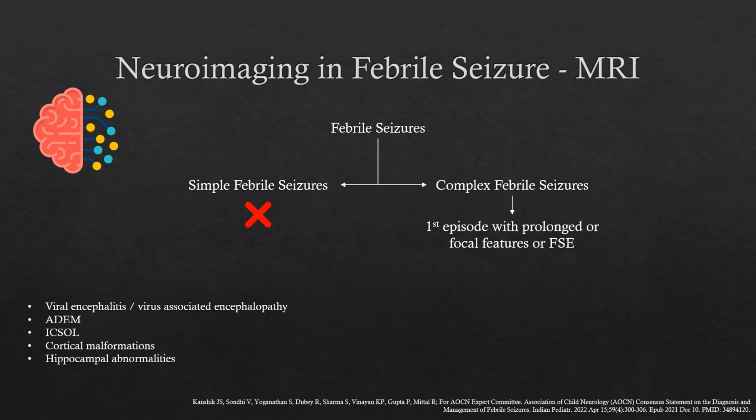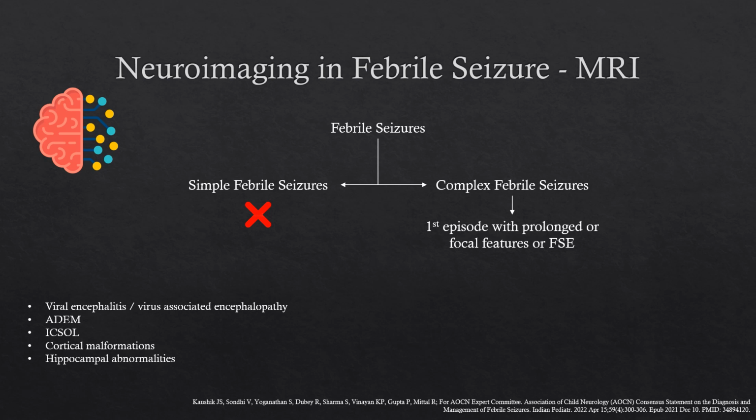So we need to think whether this episode of complex febrile seizure is the first episode with prolonged seizure, that means more than or equal to 15 minutes, or focal features, or whether this is a febrile status epilepticus.